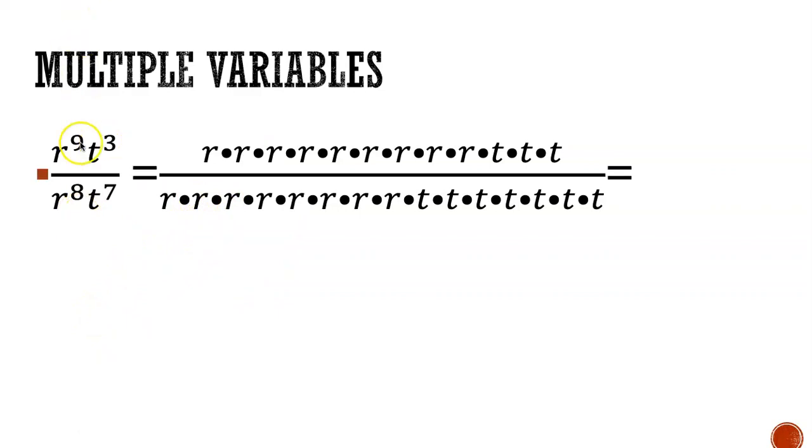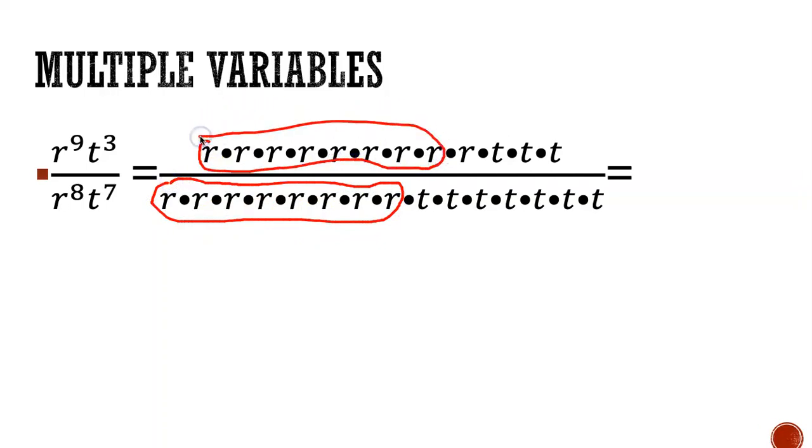Okay, so let's take a look at this next example when we have more than one variable. R to the 9th times t to the 3rd, over r to the 8th times t to the 7th. We are going to have 8 of these r's divide with 8 of these.